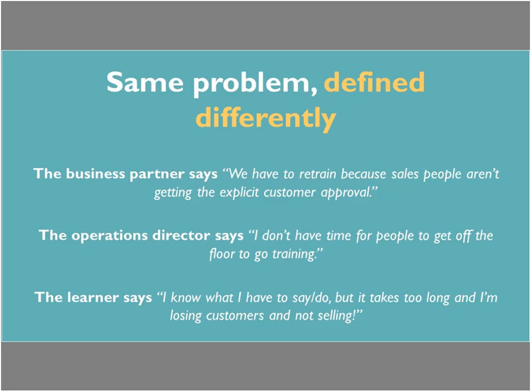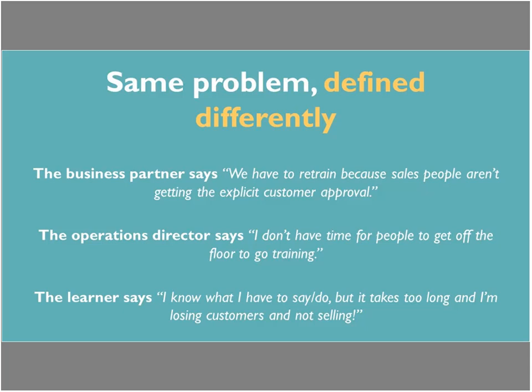So let's think about the situation in which you're in customer service, you're selling a product, and before the customer can purchase the product, they have to explicitly say they approve. And maybe the request you get is from that business partner to say, we have to provide training because they're not doing that today. But if you think about design thinking, that's not just the only lens you're receiving.